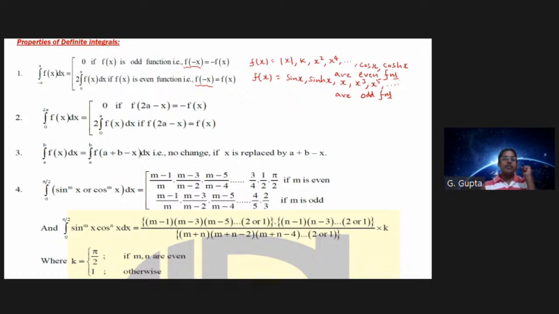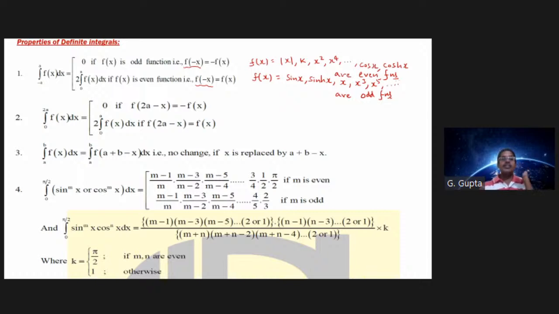Let me explain the second property. Whenever the limits are 0 to 2a, compared with limits minus a to a, the distance between minus a and a is 2a. Similarly, the distance between 0 and 2a is 2a. Same type of structure, but the limits are different. That's why the answer is the same in both results, either 0 or 2 times integral 0 to a of f of x dx.